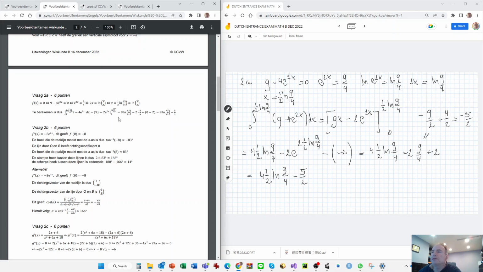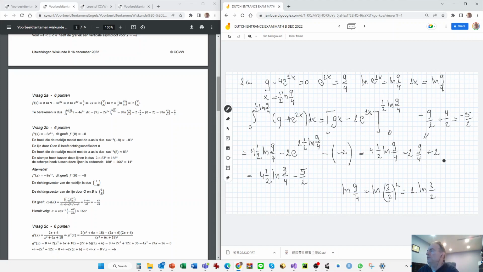Yeah, actually what they did here, you can use that the log 9/4 is the log of 3/2 squared, which is 2 times log 3/2.